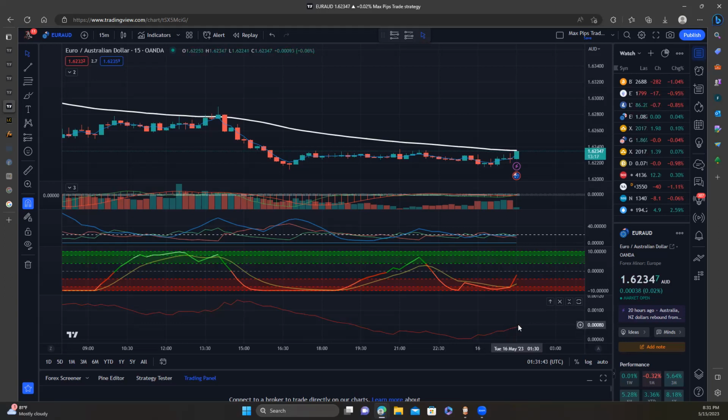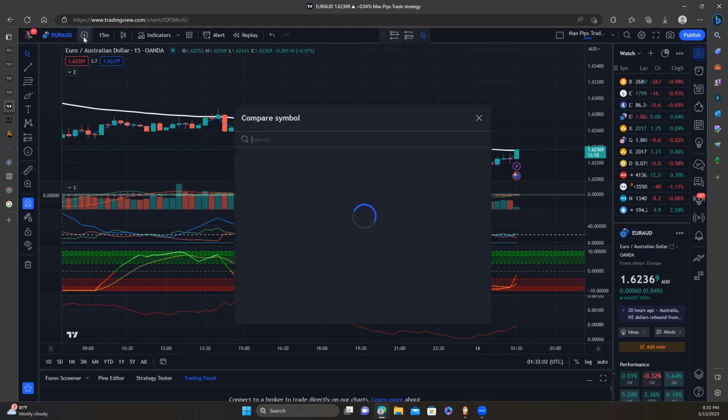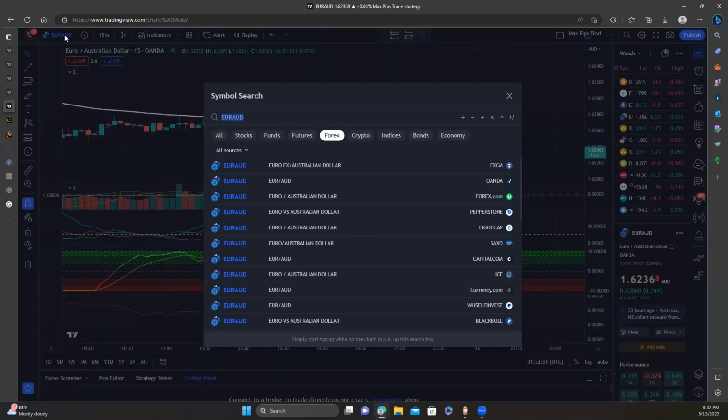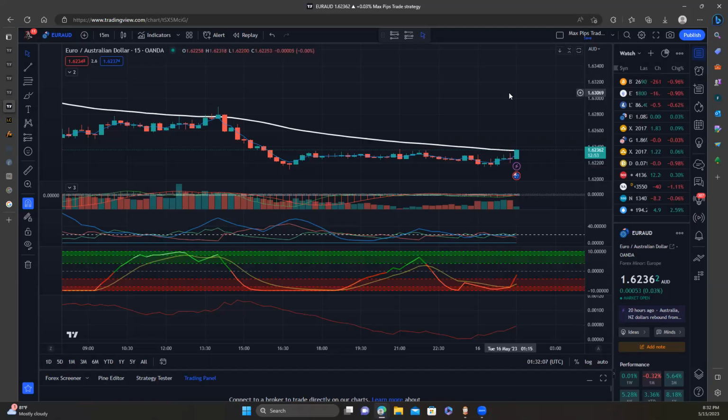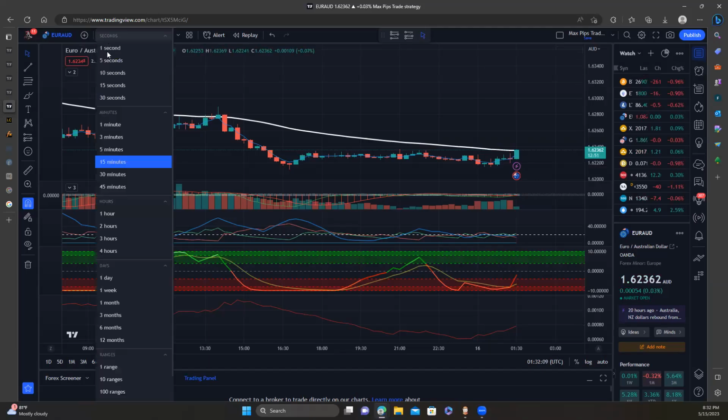Here's the ATR on an upward movement with this candle. And look at the TDI going straight up. We want that in the green. So on the 15 minute, it is telling me that this is an upward movement.